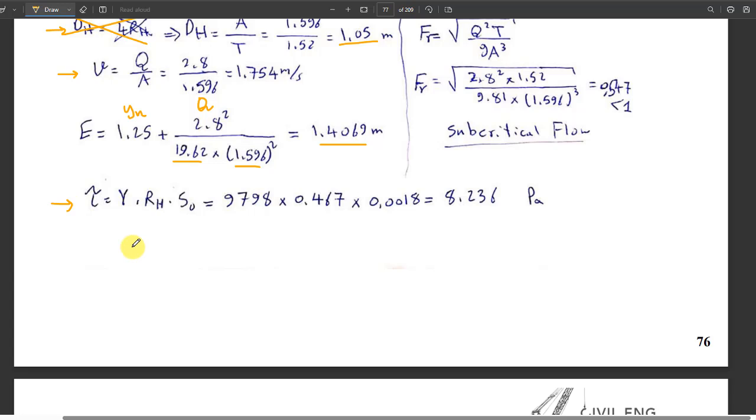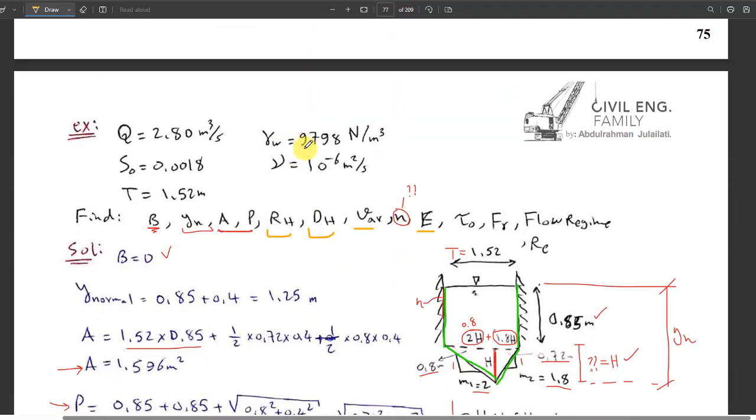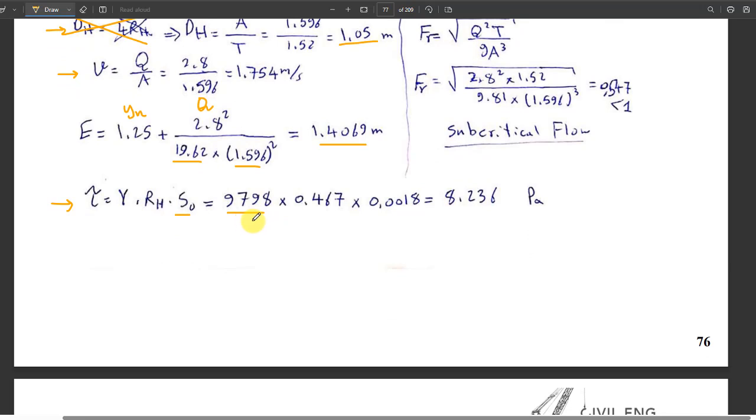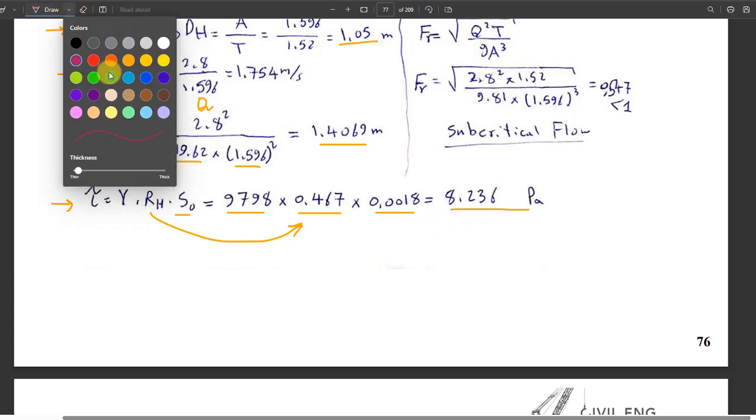Shear stress formula is given by gamma, which is the unit weight, times hydraulic radius times bed slope. So I should substitute gamma. It was given to us as 9,798 Newton per meter cubed, times RH, which is hydraulic radius, which we found before, times bed slope, which was given. Therefore, this is the answer. So it was done.